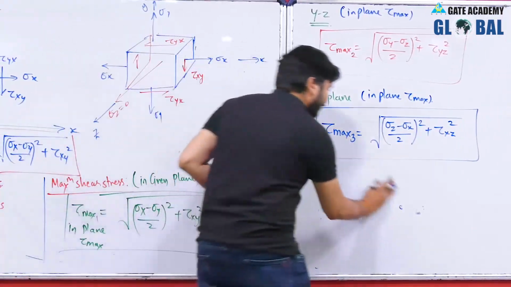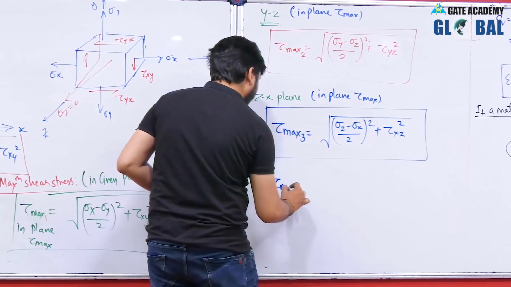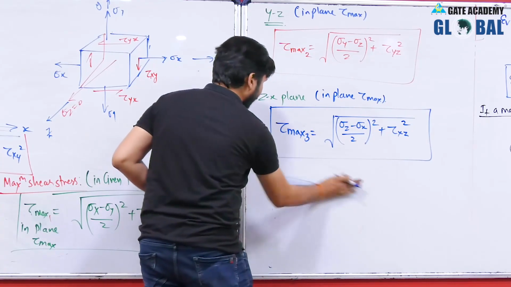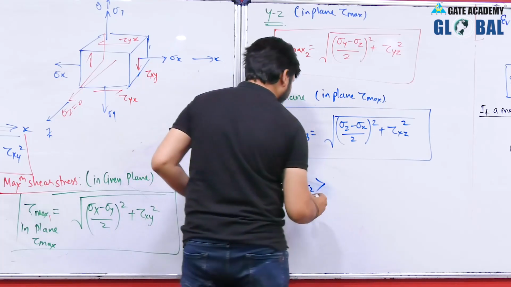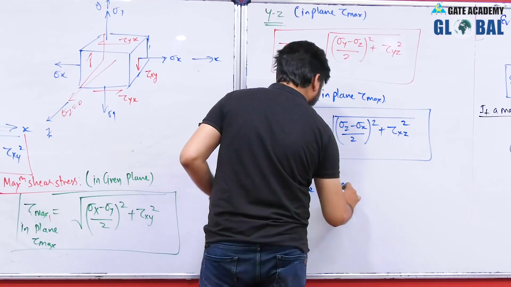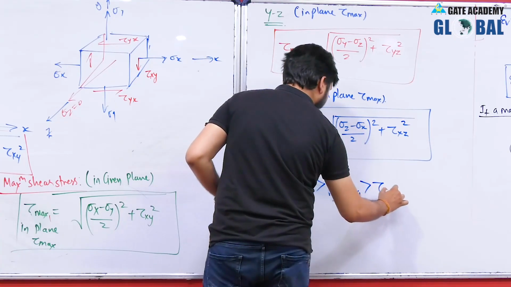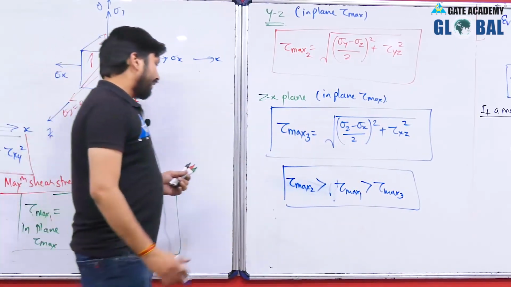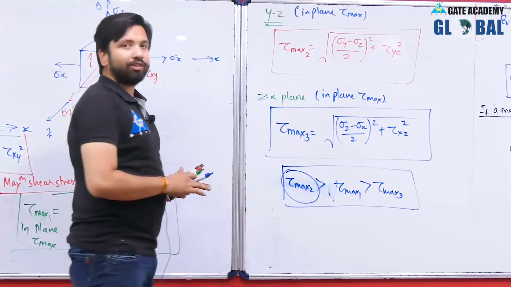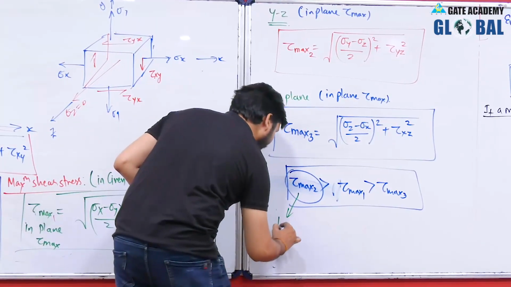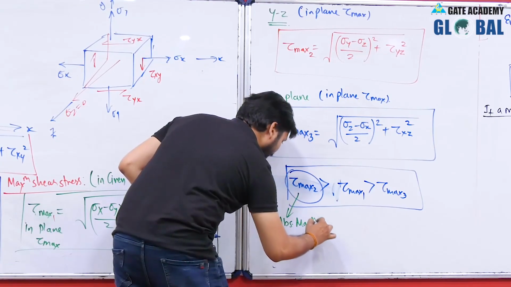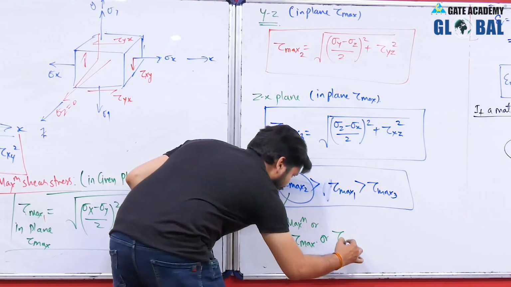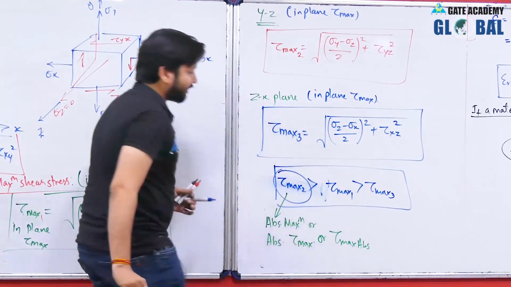Now, if the situation is such that tau max 2 is greater than tau max 1, and it is greater than tau max 3, let us consider such a situation, then this value which is greatest among the values of maximum shear stresses is known as the absolute tau max, or you can also write it tau max ABS.